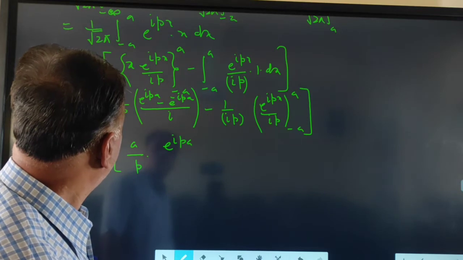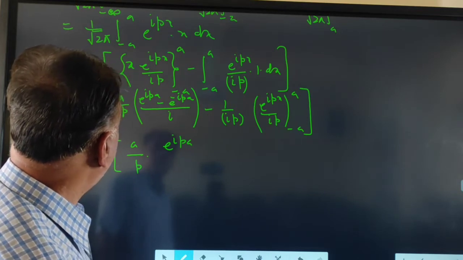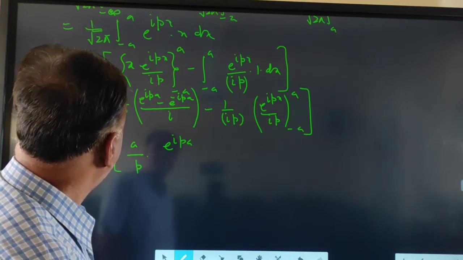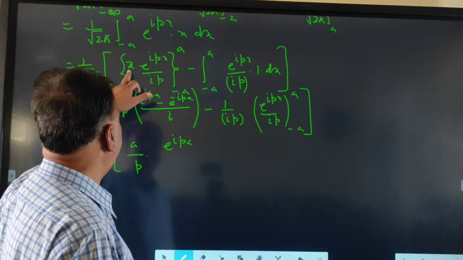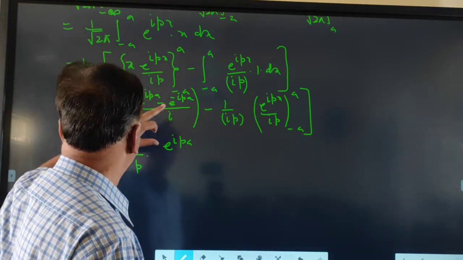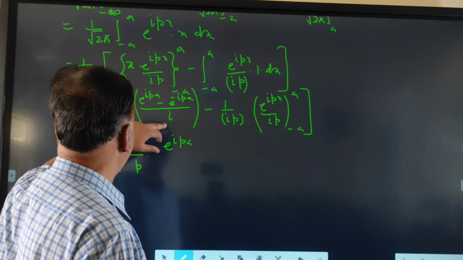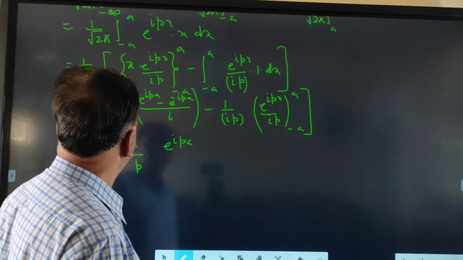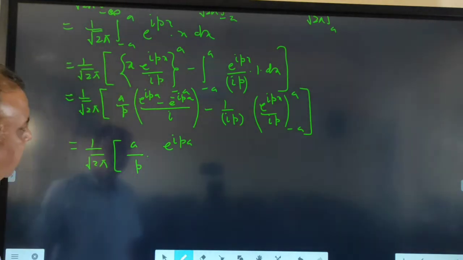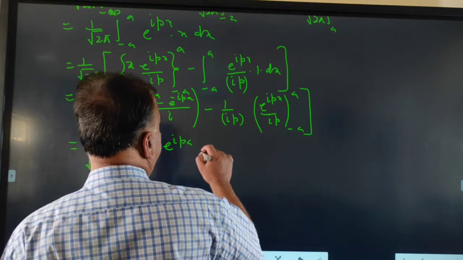If you put the value a, then a e raised to iota pa. If you put minus a, minus minus is plus.